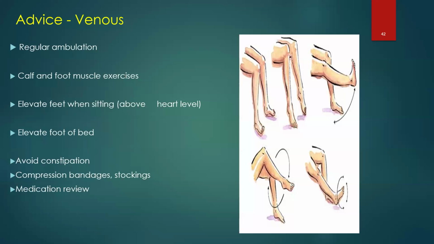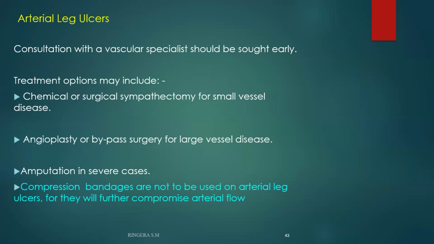Also avoiding constipation, which increases pressure and compromises perfusion, and compression bandages and stockings, which we are going to discuss shortly, and of course medication review, or referring to a vascular specialist, where they are put on some treatment like Daflon and the rest. So we will have a look at all that.